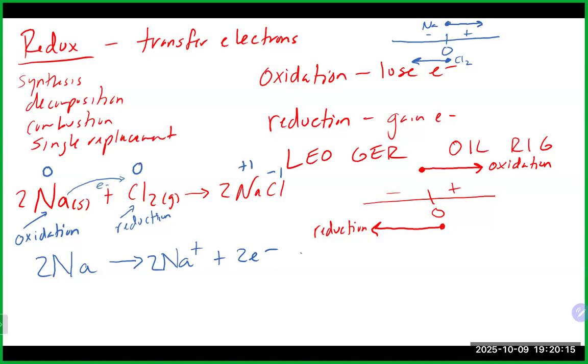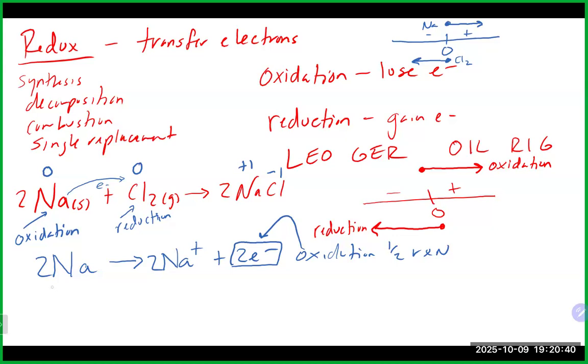This is what is known as the oxidation half reaction. And it's the oxidation half reaction because the electrons are always on the product side, like they are being given off. So that is how you know when you look at it that that is an oxidation half reaction. Electrons should always be on the right-hand side of the arrow, like they are being given off.